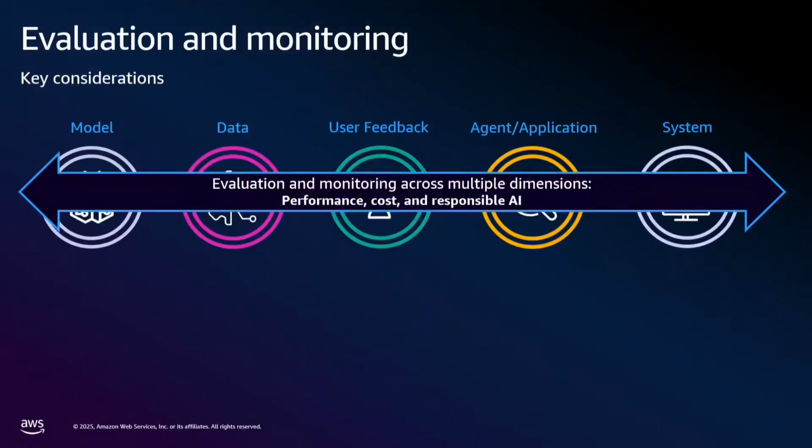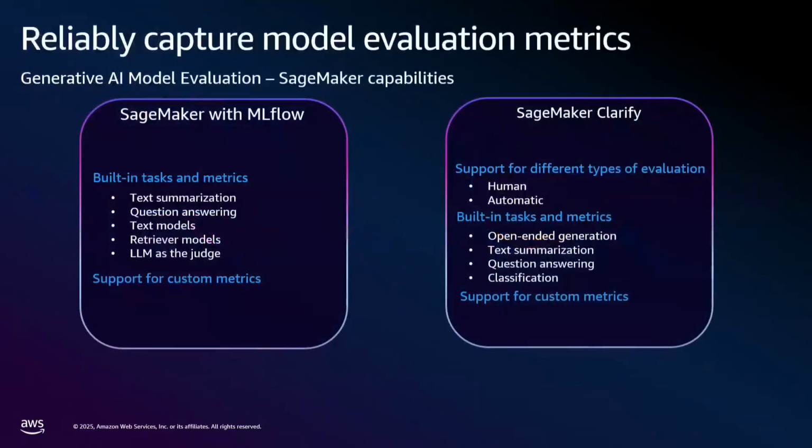Now, all of those can be dealt with using SageMaker Clarify and SageMaker MLflow. These two services go hand in hand. They support you in multiple factors in evaluating and monitoring your agents and your models, right?